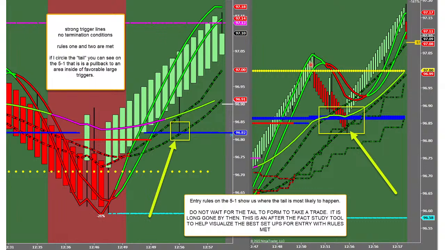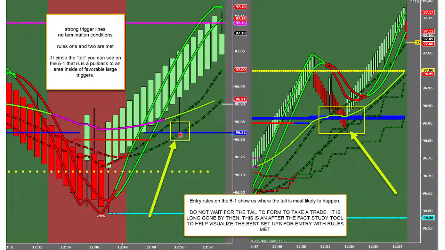So if you jump in fearful that it's going without you, and it does exactly what it does more often than not, you're either going to have ginormous risk and tiny little profit potential, or you can simply wait for the pullback to the area inside of triggers, guys. Your stop is going to be minimal, and the distance to your target is going to be the absolute largest that it can be.